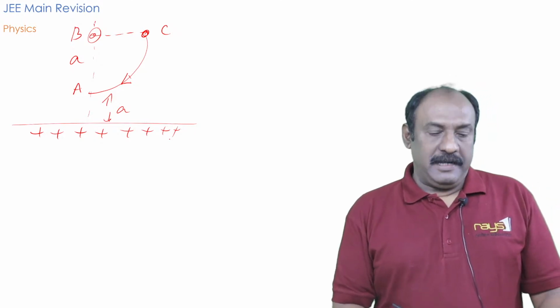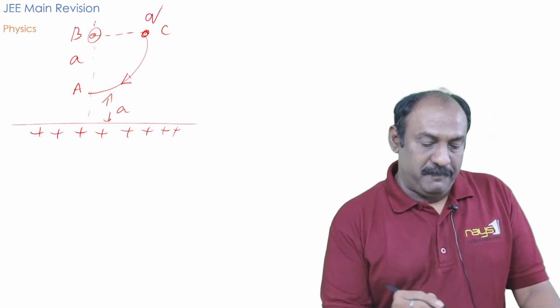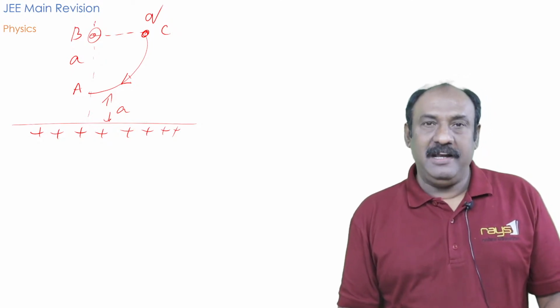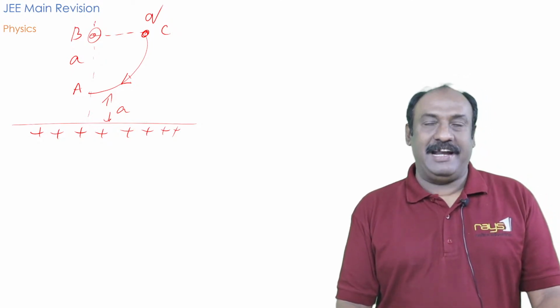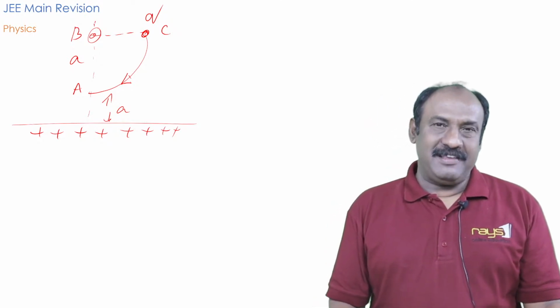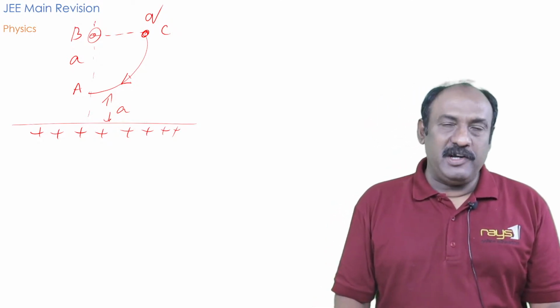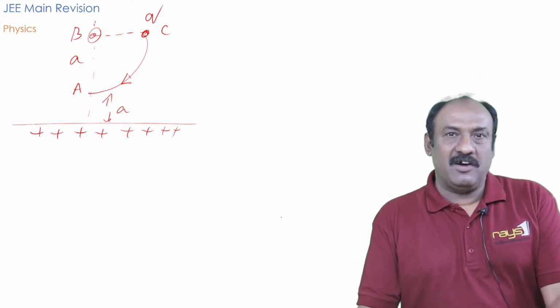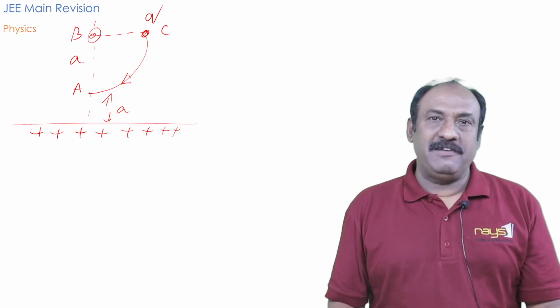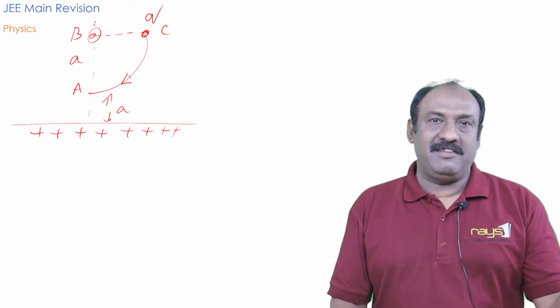Now, indirectly we are moving the charge from C to A in a conservative field, nothing but the electrostatic or electric field. We know that the electric field is a conservative field. In a conservative field, work done in moving a charge is independent of the path moved by it. It only depends on from which point to which point the charge is moved.